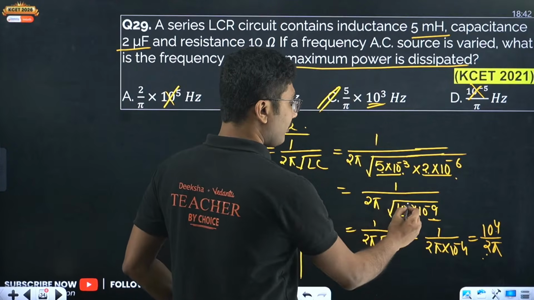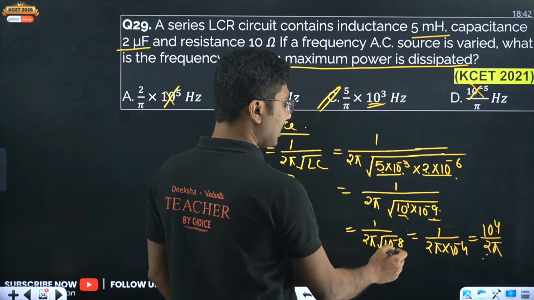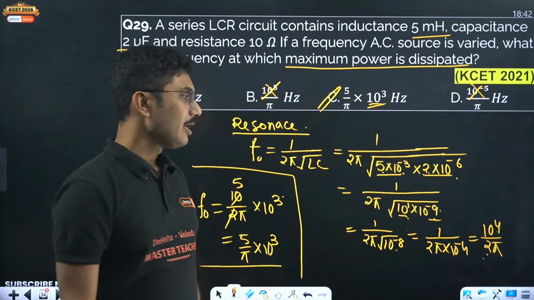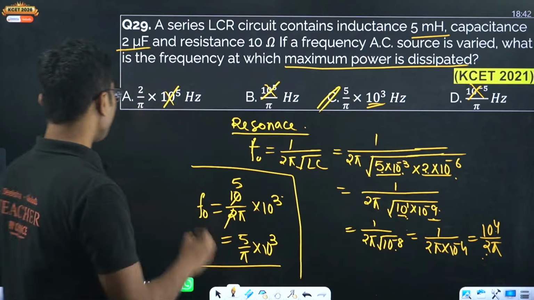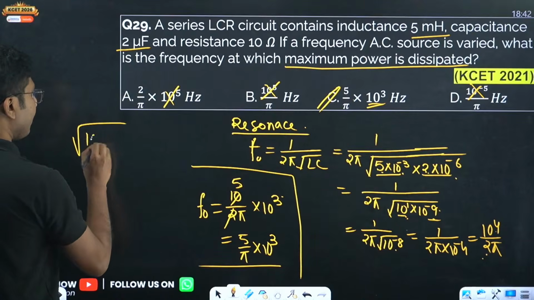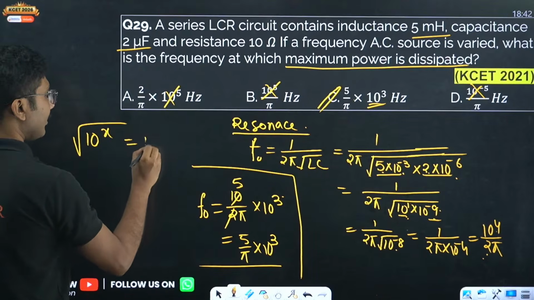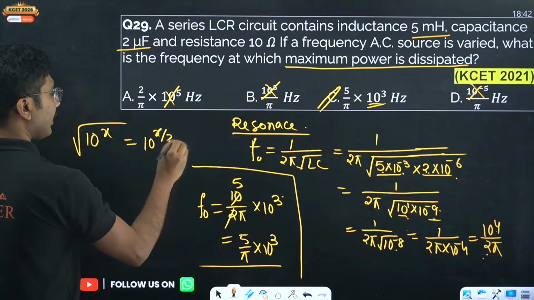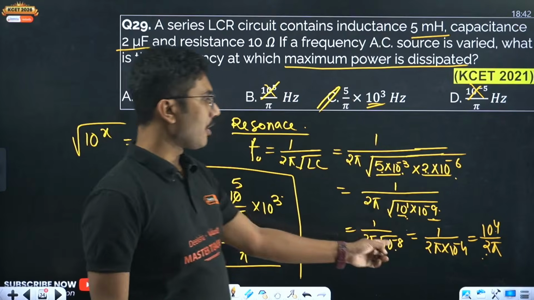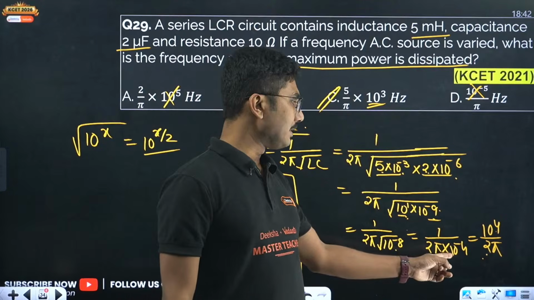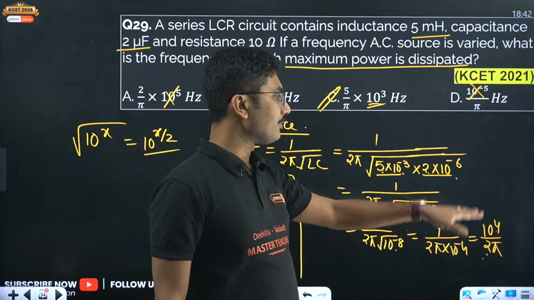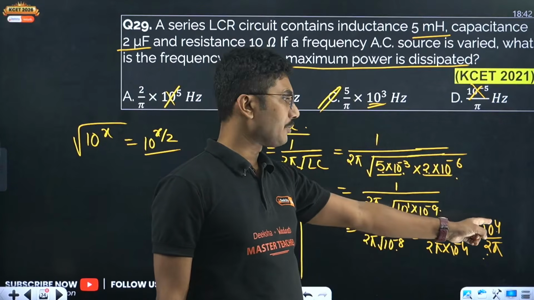So 10 to the power of plus 1 minus 9 will become 10 to the power of minus 8 under the square root. The square root of 10 to the power of x gives 10 to the power of x by 2, so here it will be 10 to the power of minus 4, but here it is in division, so it will go up and become positive, so 10 to the power of 4.